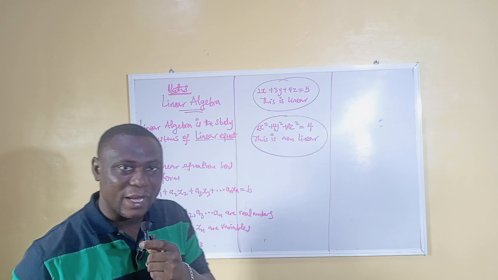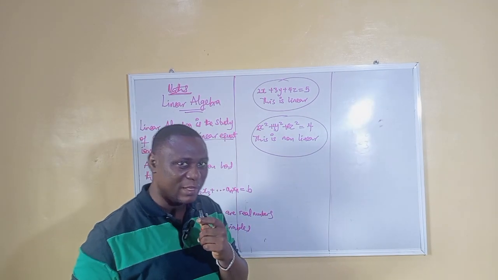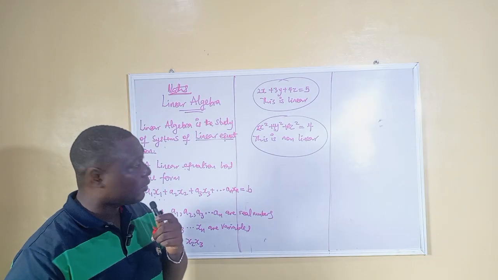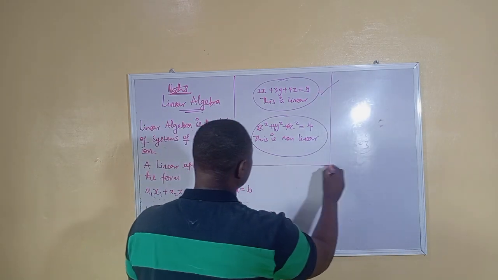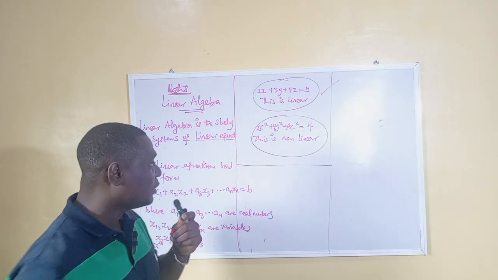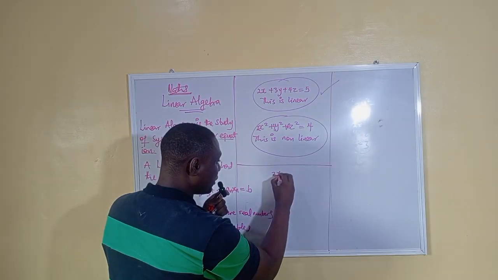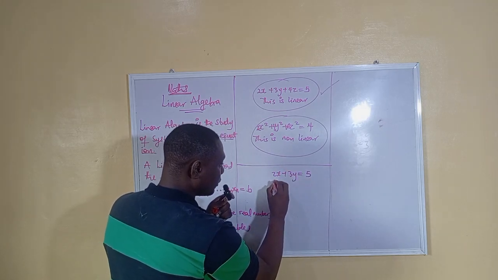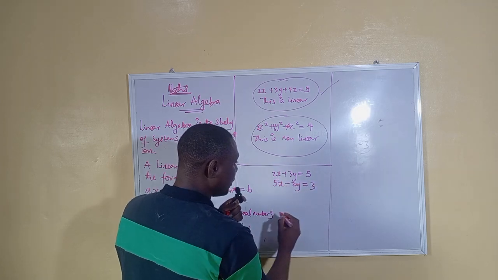So throughout this entire course, we'll only be discussing linear equations, systems of linear equations, and hence the definition of linear algebra. Now that we know the definition of linear algebra, look at this system and tell me if it is linear or not. Let's say we have 2x plus 3y equals 5, and 5x minus 2y equals 3.